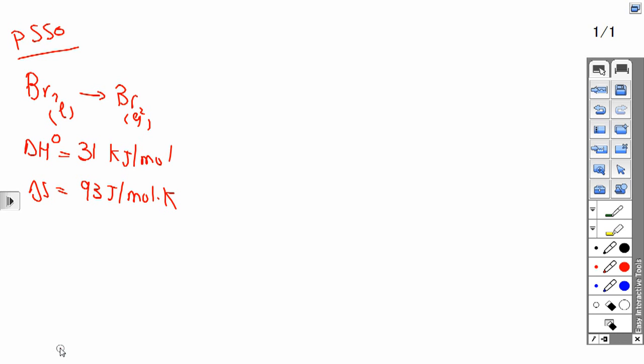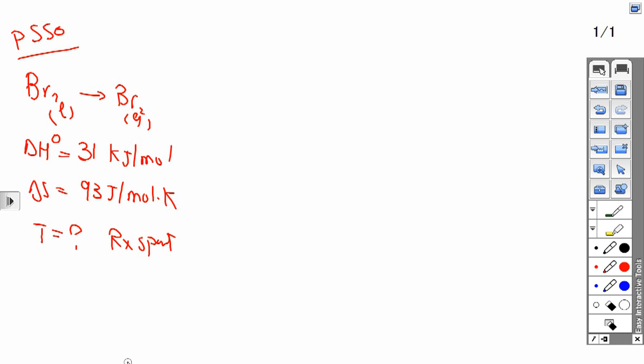How do you calculate? Find the T that makes the reaction spontaneous. We have in the equation two unknowns, temperature and delta G, both of them unknown. We need T, so we should have delta G.